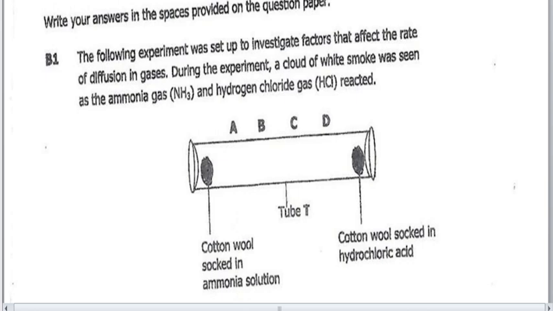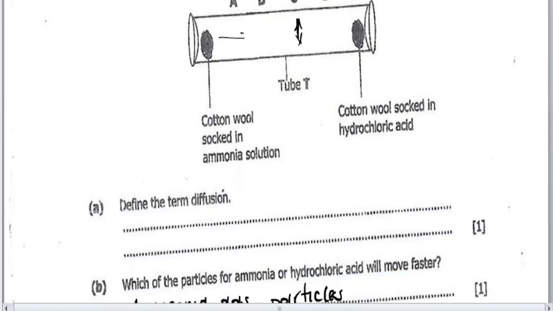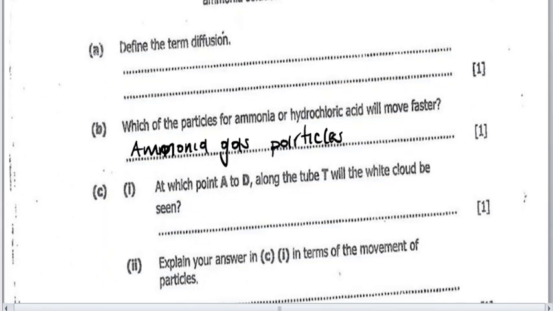During the experiment, a cloud of white smoke was seen as the ammonia gas and hydrogen chloride gas reacted. Particles in ammonia gas are going to move at a faster rate, and the cloud will be seen somewhere at point C. So the white cloud will be seen at C. Then we are told to explain.